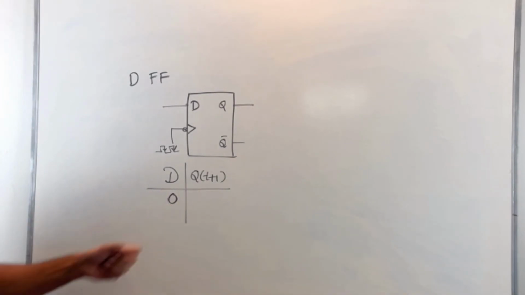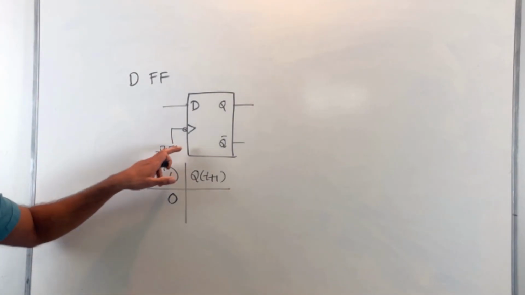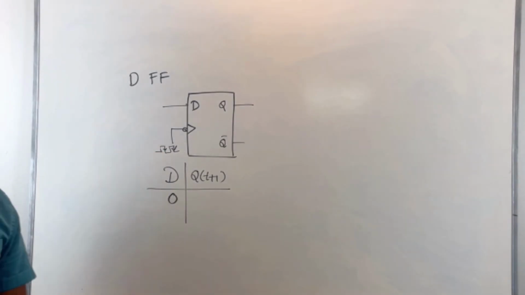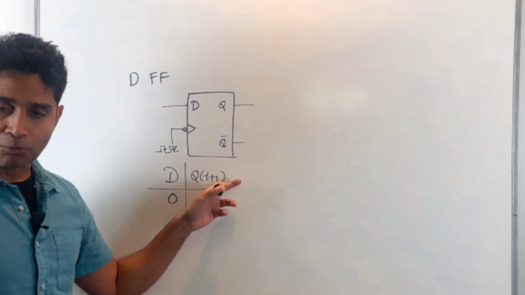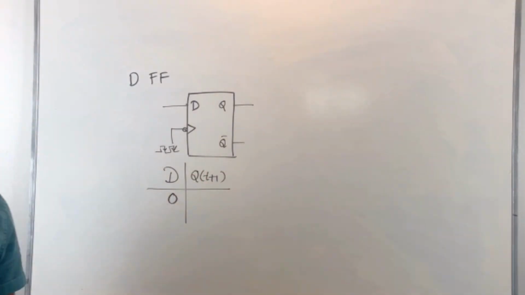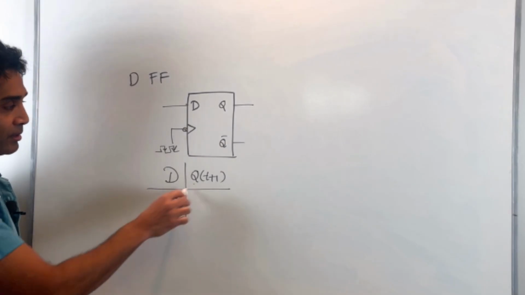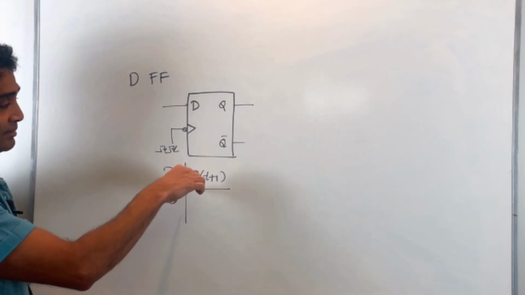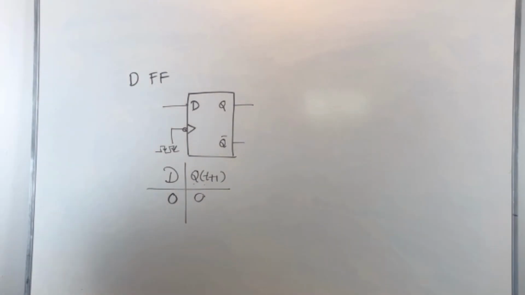I am applying an input and I am waiting for the active edge to happen. In this case, the active edge is the negative edge, and I want to see how the flip-flop responds when that active edge happens. In this case, because it's a D flip-flop, my output simply follows the input. Once it's triggered, the output goes to 0.